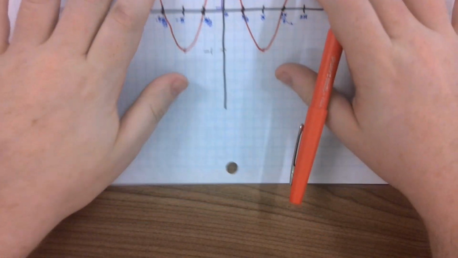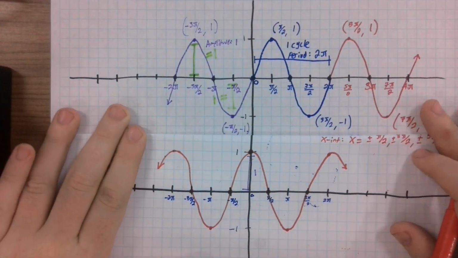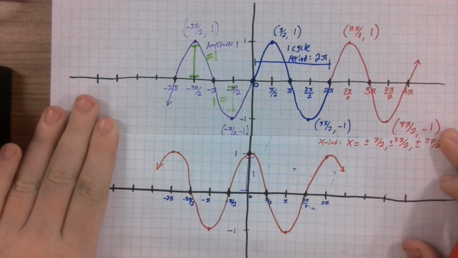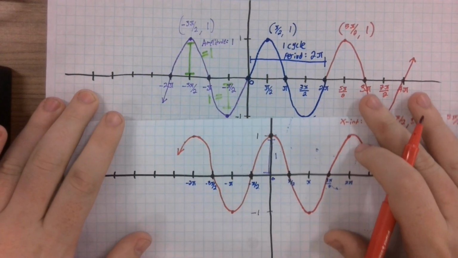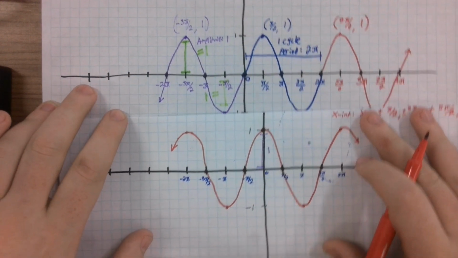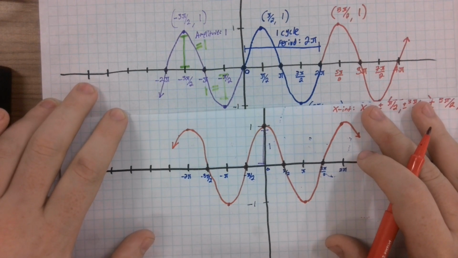The graphs of sine and cosine, then, are the same graph, just shifted over. If I put these on top of each other, we see that they look like they're the same shape. If I just shift it over a little bit, not only are they the same shape, they're the same shape and starting at the same point.